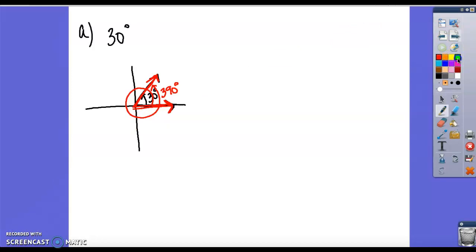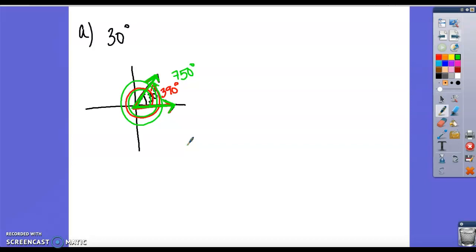I could draw another coterminal angle, starting here and going to 30, around once, and then around again. It still looks the same, but I went around another 360 degrees.